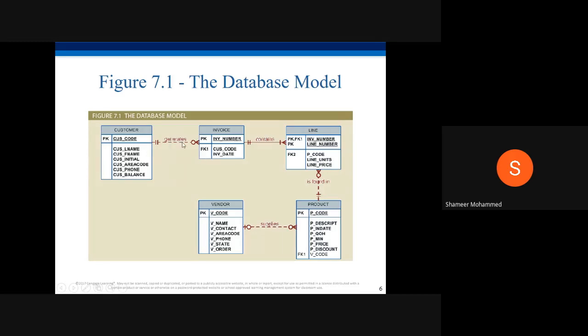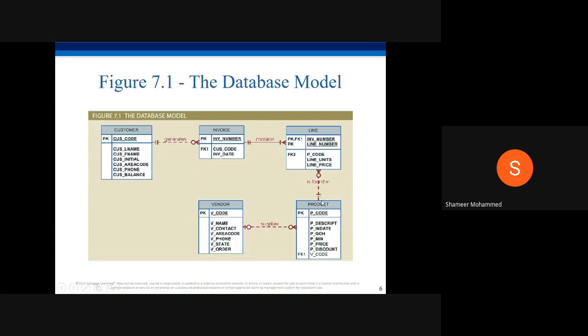And these are the notations you will learn in the next lectures, like one to many. One customer can place zero or more orders. He may have one or more bills, and those bills contain more than one line.